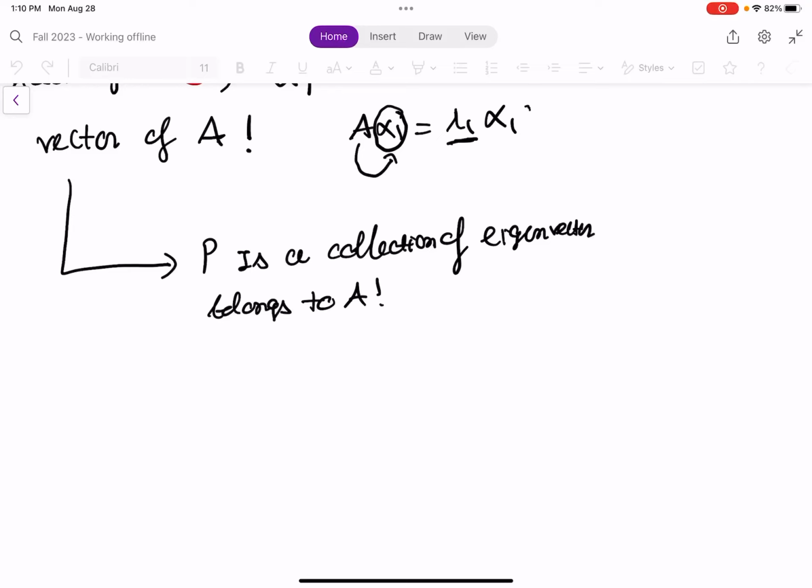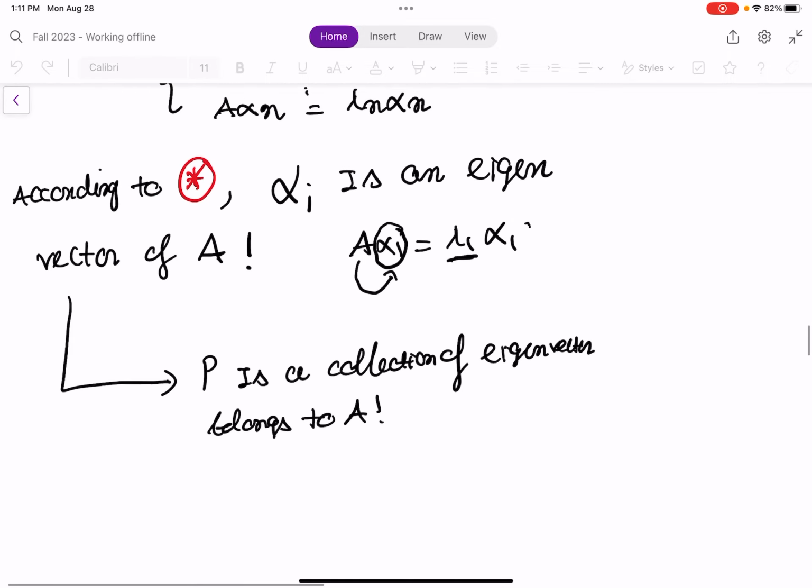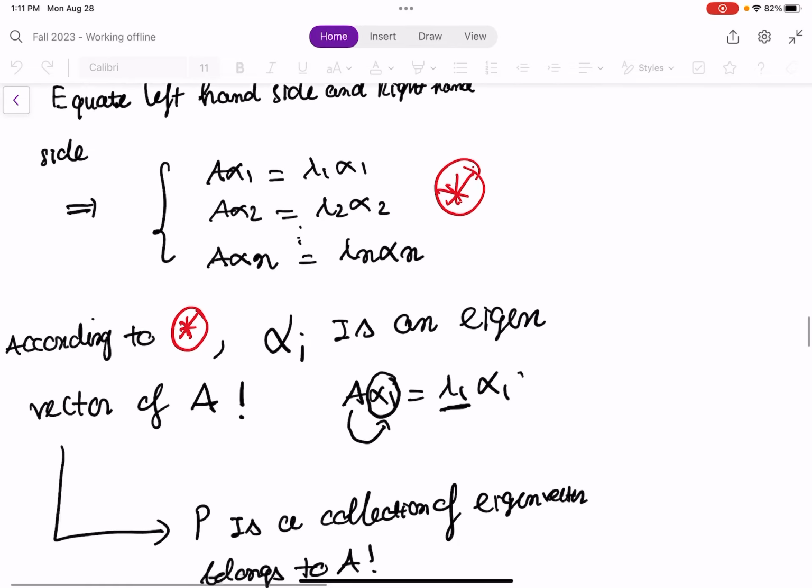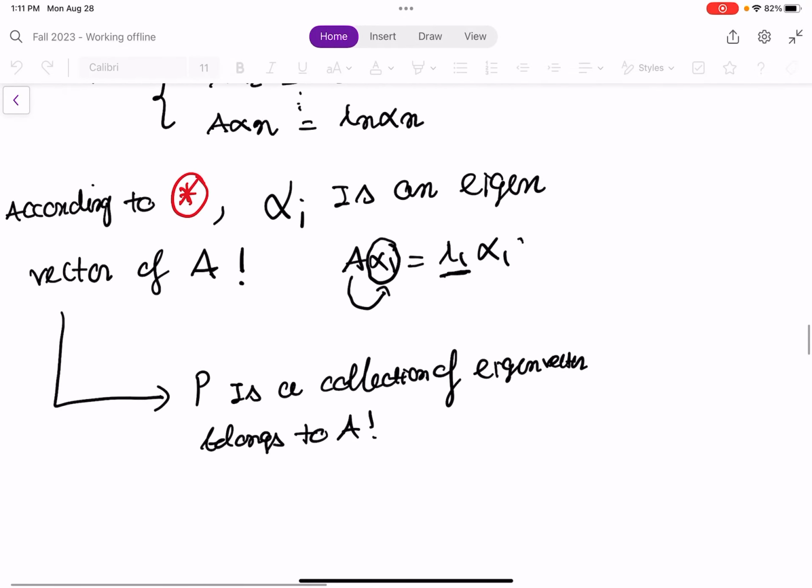Hello, everybody. Welcome back. So today we will keep on a great discussion of the matrix exponentiation. And if y'all recall the last video, we said that P is a collection of eigenvectors belonging to A. We did that through a series of assumptions. First, we assume P is a collection of alpha, which are the column vectors.